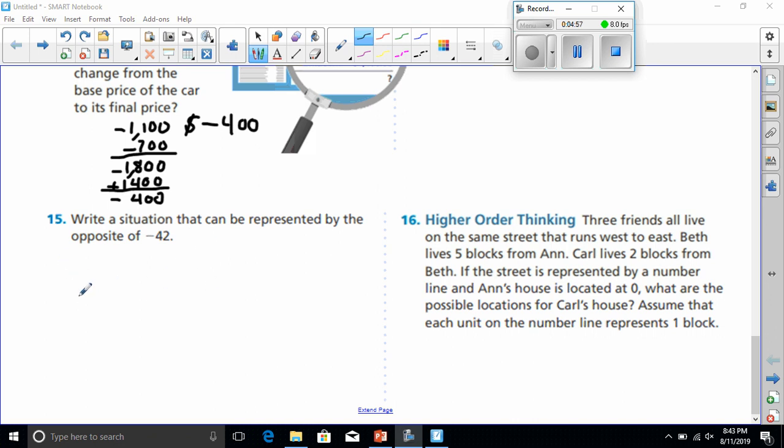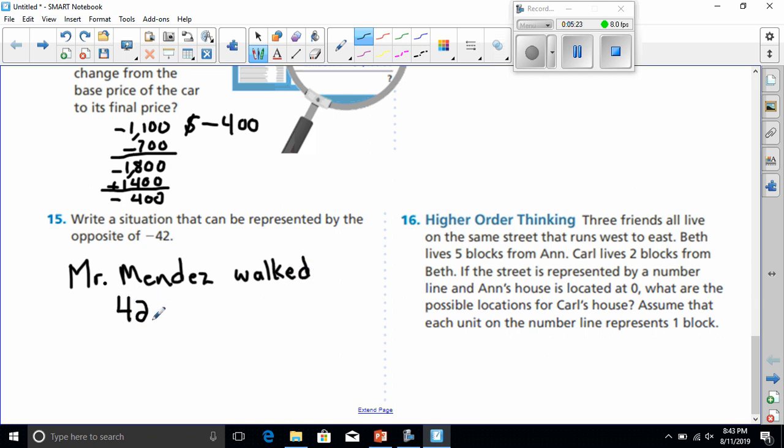I could say that, let's say, Mr. Mendez walked 42, let's go with miles. Highly unlikely, but hey, why not? All right, and positive 42 miles.